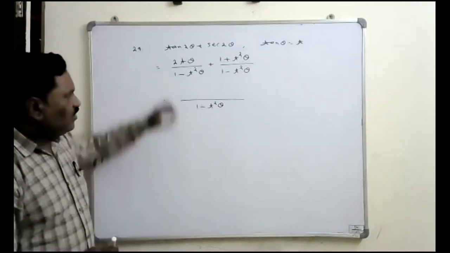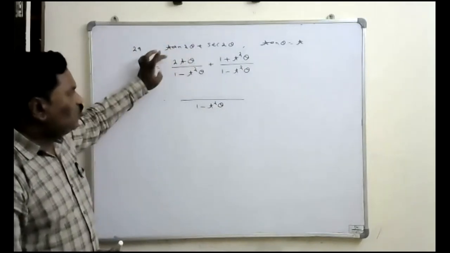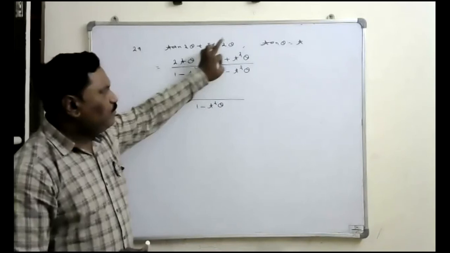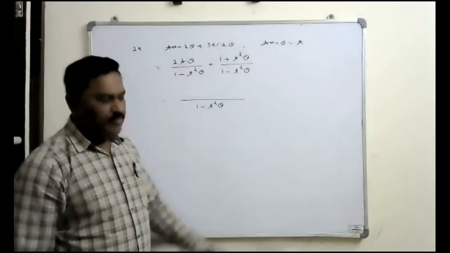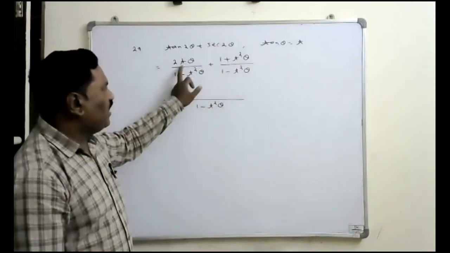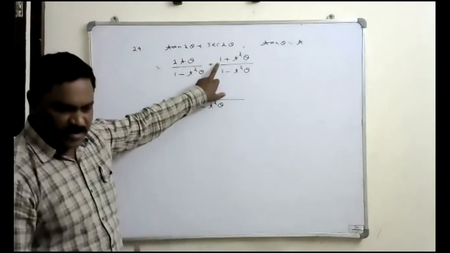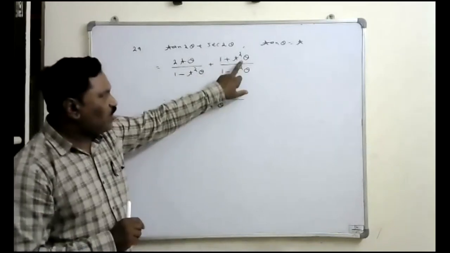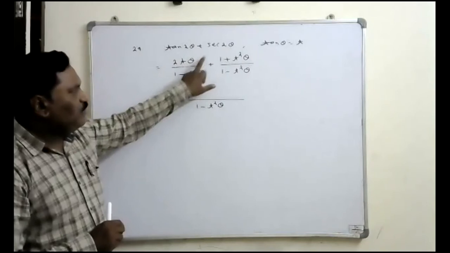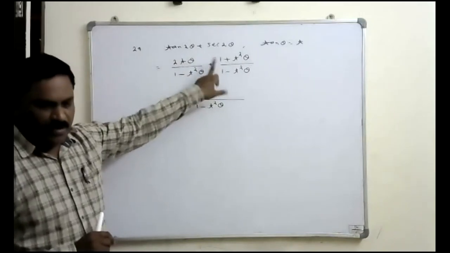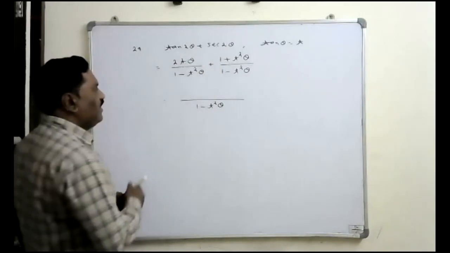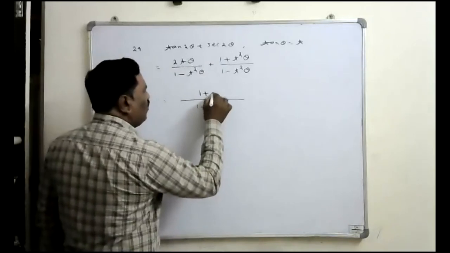Now if you observe the numerator, 2 tan theta plus 1 plus tan square theta means it is tan square theta plus 2 tan theta plus 1, you can write it. So it is in the form of a square plus 2ab plus b square. Means the numerator we can write as 1 plus tan theta whole square.